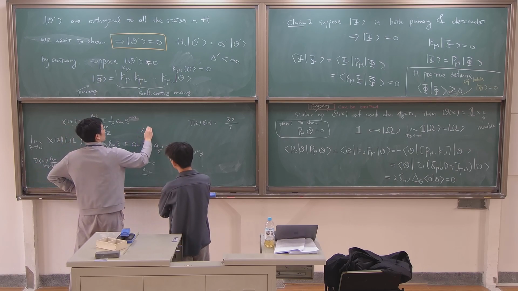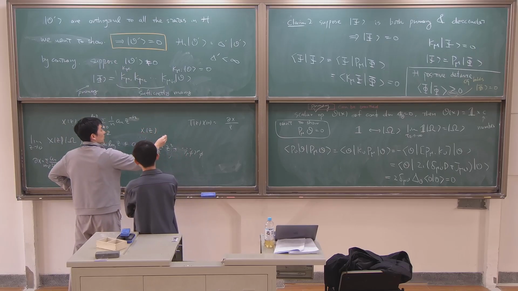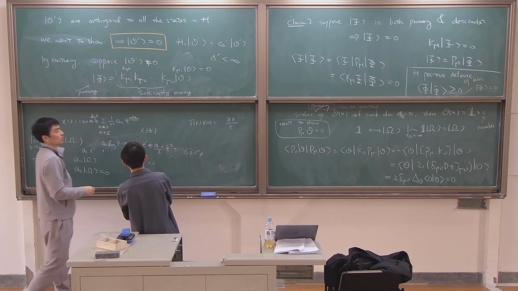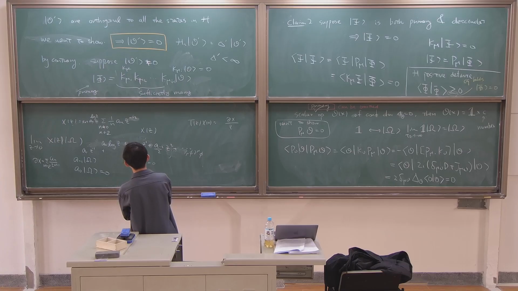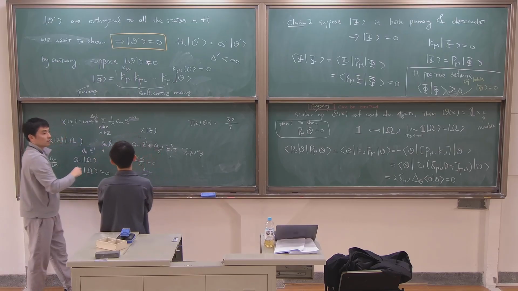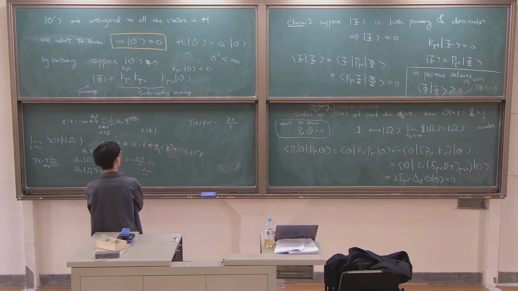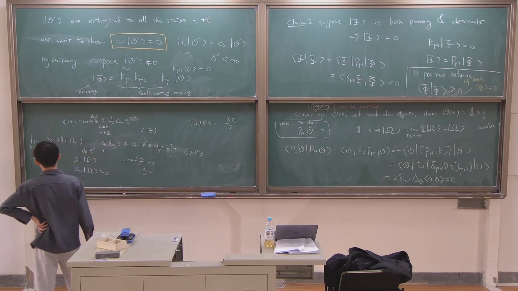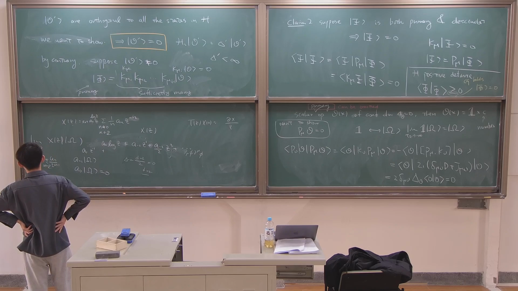So x of t in the scalar algebra plus 1 doesn't map to anything in this 3D scale. So that's why it's a state. This is not an operator in the scalar algebra.